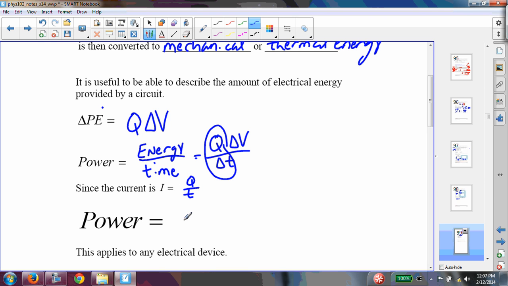So I can replace that with current, and I get an expression for power: power is equal to the voltage times the current.